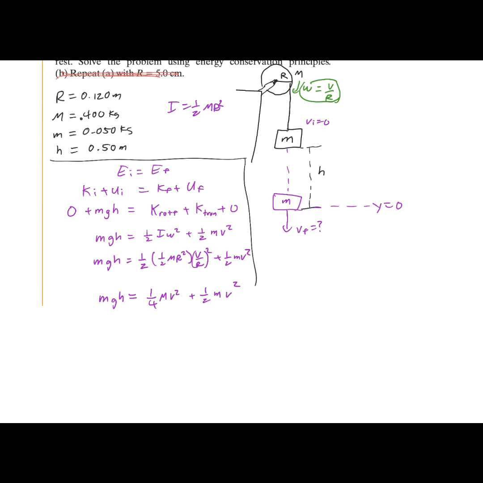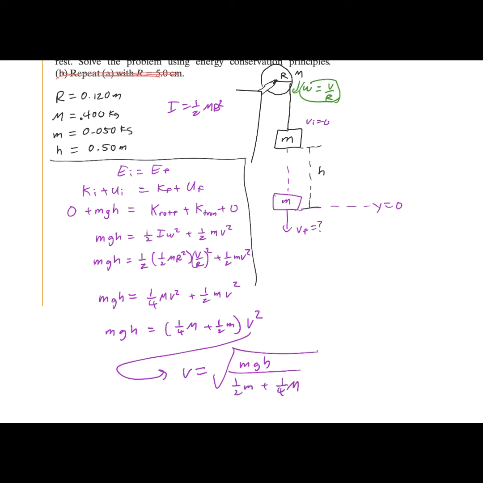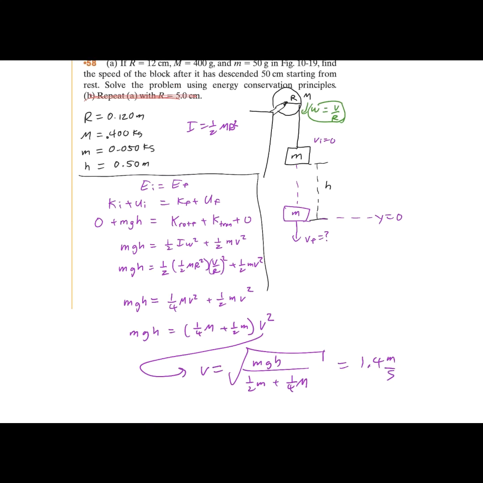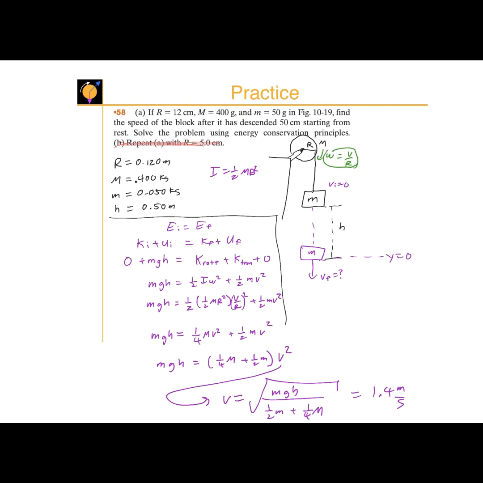Mgh equals 1/4 M plus 1/2 m, times v squared. I solve that for v and I get the square root of mgh over 1/2 little m plus 1/4 big M. And when I plug in all my values there, I get about 1.4 meters per second. So conservation of energy problems, we'll do more of those a little bit later on.